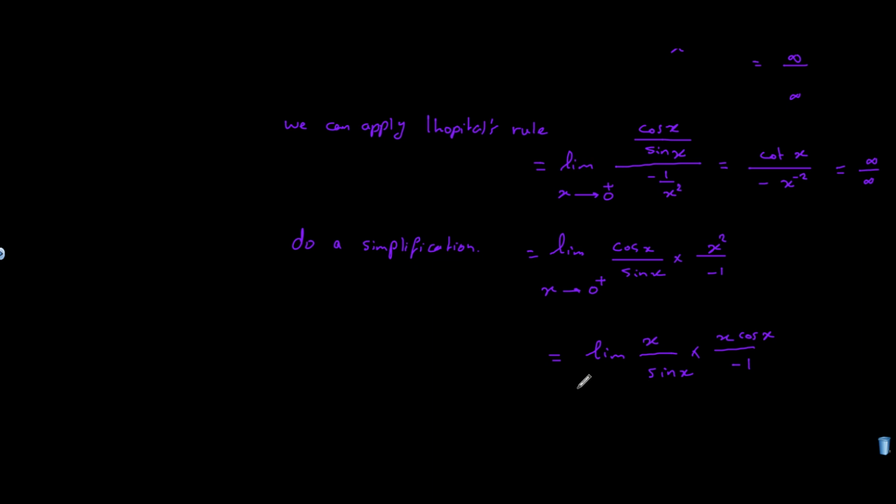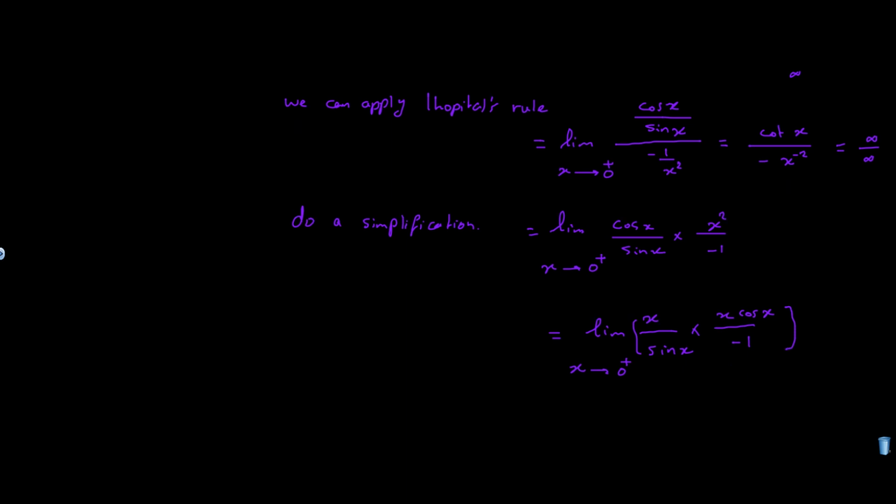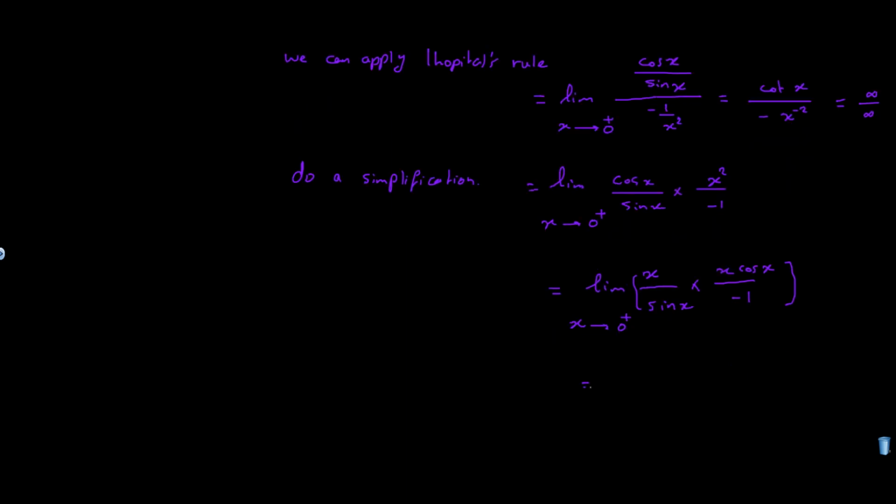As x approaches 0 from the right, this is equal to the limit of x over sine x, times the limit of negative x cosine x.